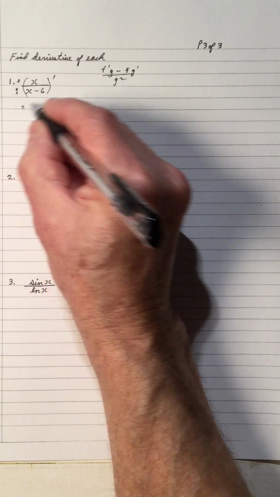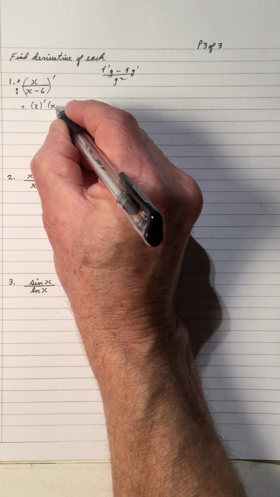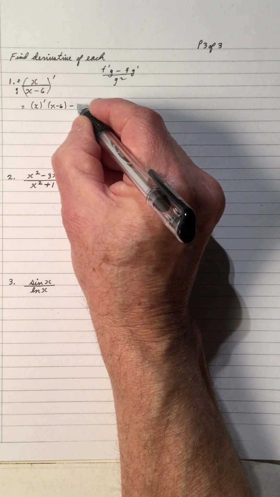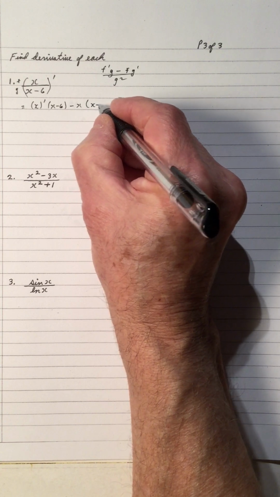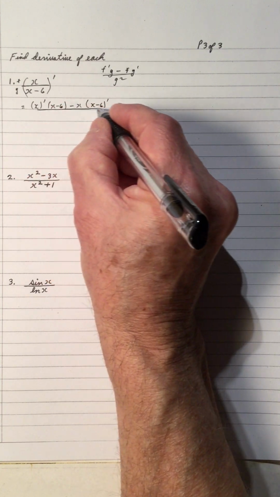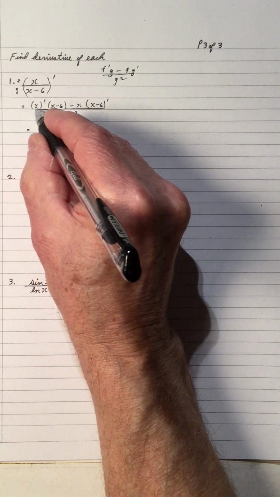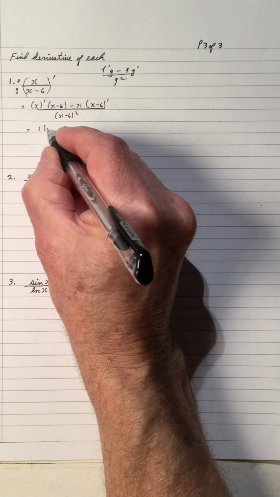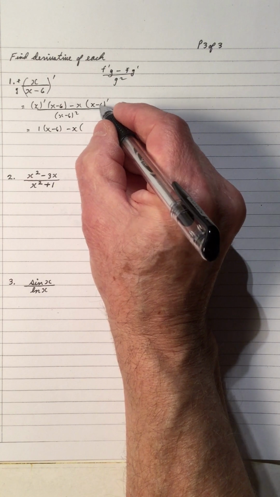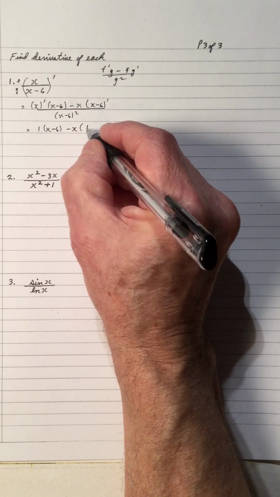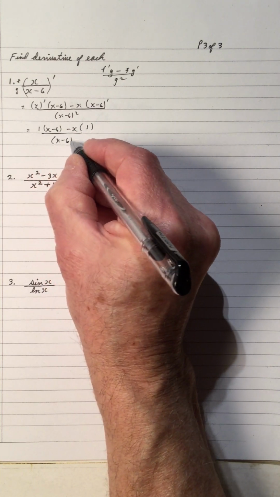So we have f is x, so it's x prime times g, minus f, which is x, times (x minus 6) prime, all over g squared, which is (x minus 6) squared. The derivative of x is 1, so it's 1 times (x minus 6), minus x times the derivative of x minus 6, which is 1, since the derivative of x is 1 and the derivative of 6 is 0, all over (x minus 6) squared.